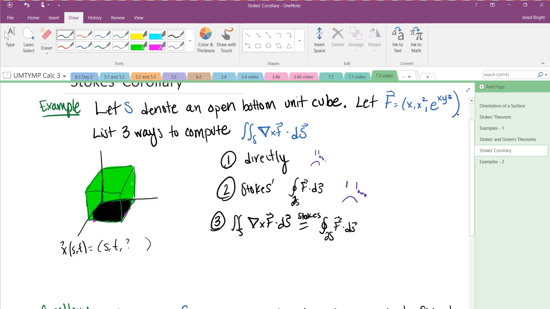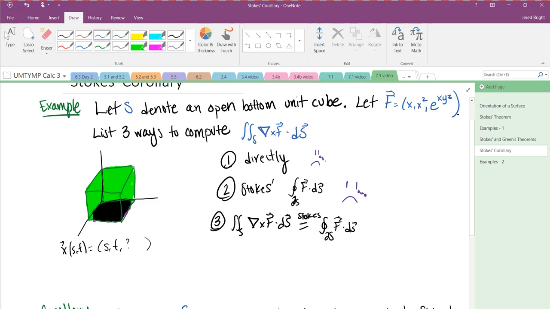That we can do. But now remember that the bottom is open, so really the boundary of the surface is this bottom piece that is shaded in black here that is missing.